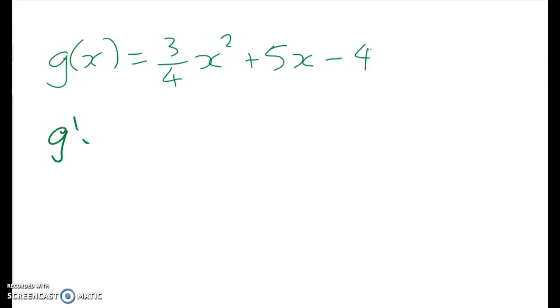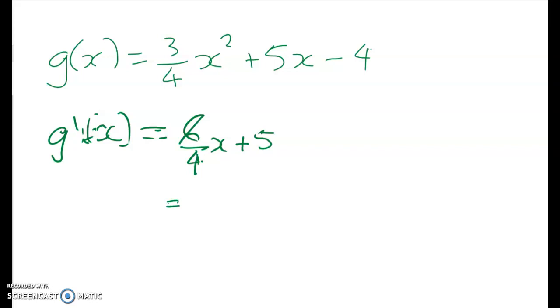So differentiating that gives me g dash of x is equal to 6 over 4x plus 5. And I can simplify that, 6 over 4 becomes 3 over 2. And now I need to find where the gradient's equal to 2.